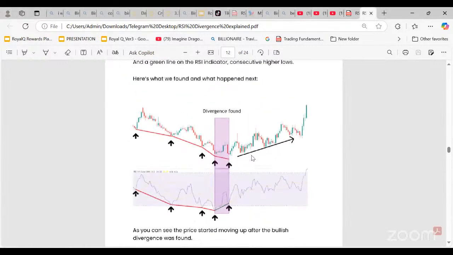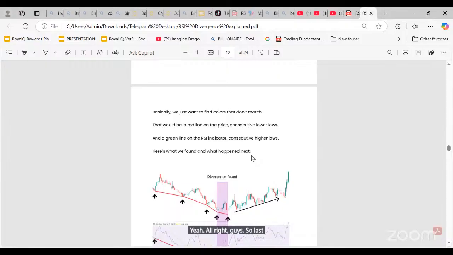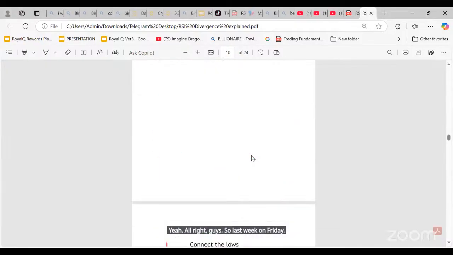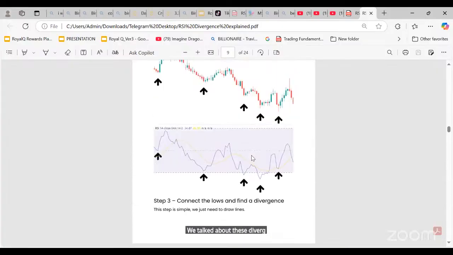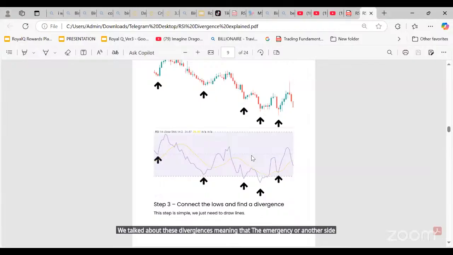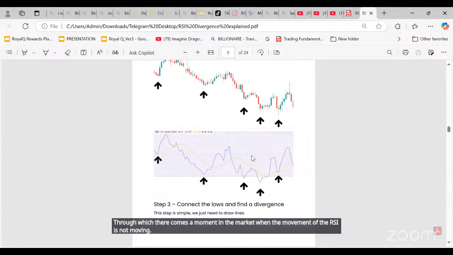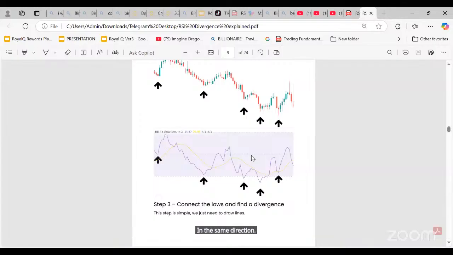All right, guys. So last week on Friday, we talked about these divergences, meaning that an RSI divergence is basically a trading situation where there comes a moment in the market when the movement of the RSI is not moving in the same direction with the movement of the market.